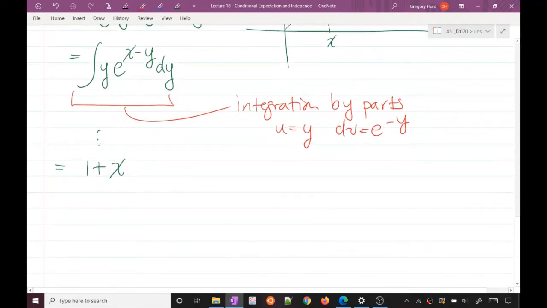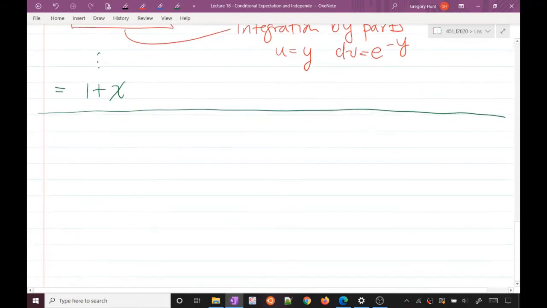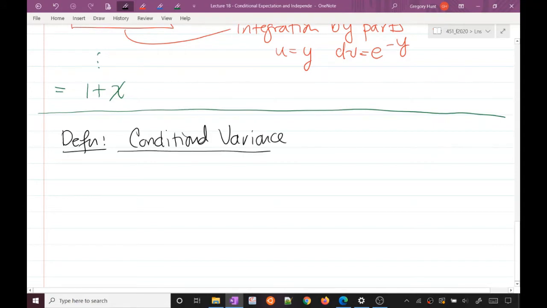Okay. If you can define conditional expectation, you can also define conditional variance in much the same way. And so we could say the variance of, for example, y given x is equal to some value, little x.